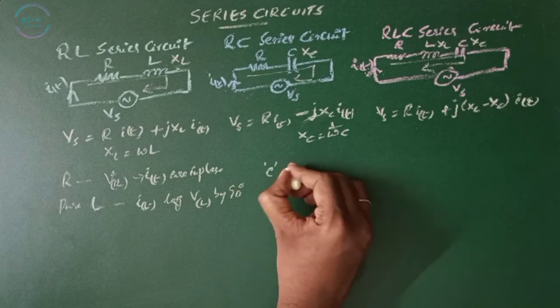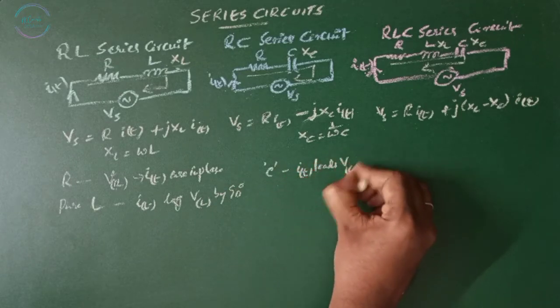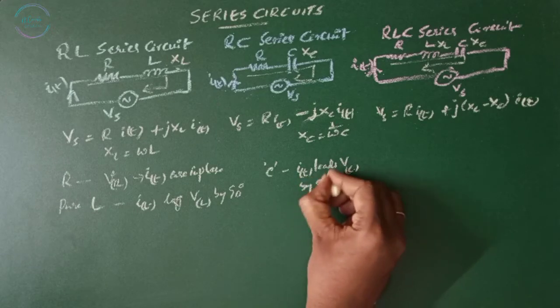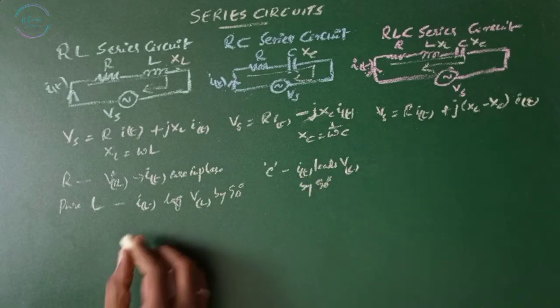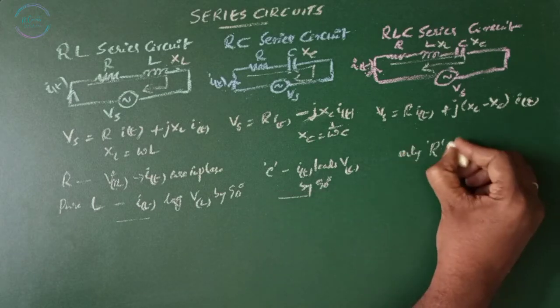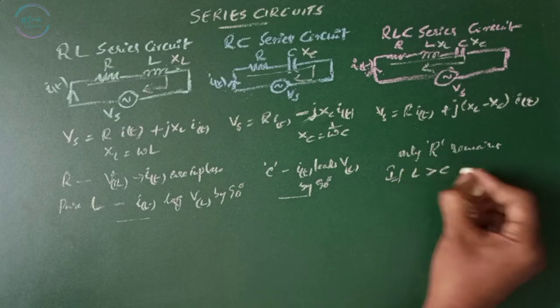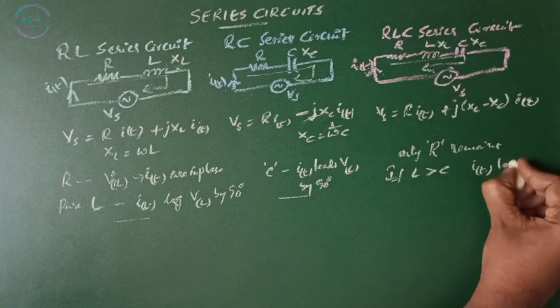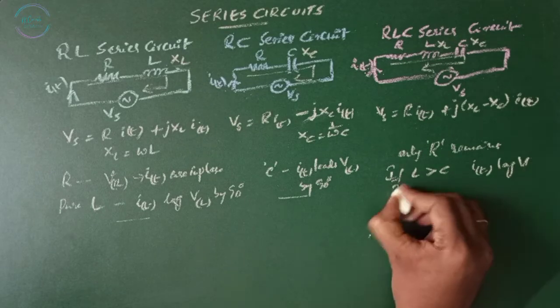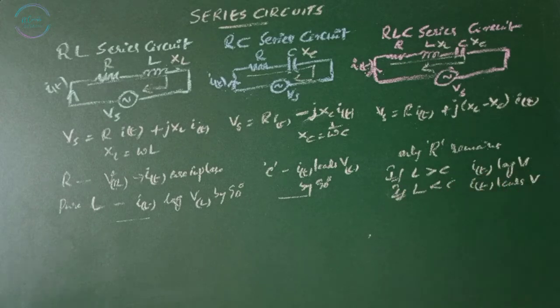Here, for a pure capacitor, I of t leads V of C by 90 degrees. Here both are present, so the effect of L and the effect of C gets cancelled, only R remains. If XL is more than XC, then I of t lags voltage. If XL is less than XC, I of t leads voltage.